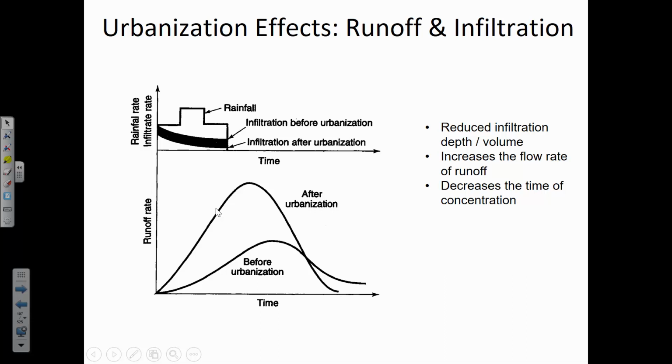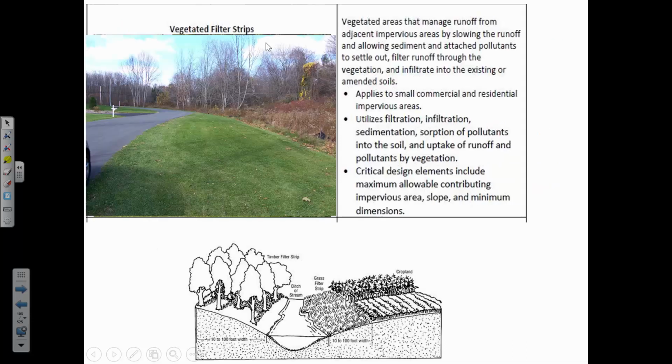There's less routing, as it's called. We'll talk a lot more about routing later in the semester, but this is one of the key ideas of the whole semester that I'll come back to again and again. The effects of urbanization and how, as hydrologists, what we need to do is mitigate the effects of urbanization and account for them in our calculations. So here are some of the best management practices, as they're called.